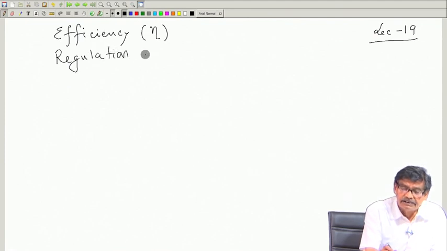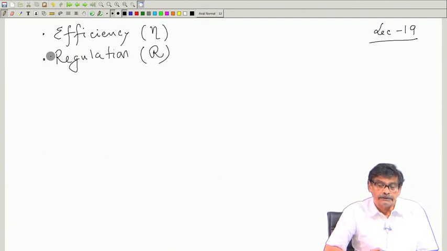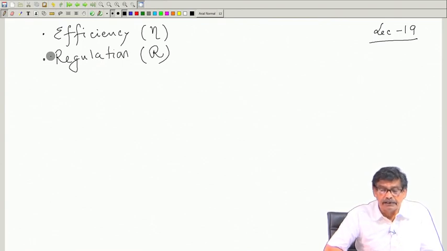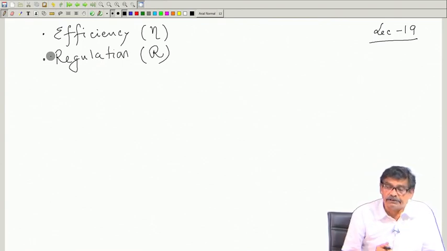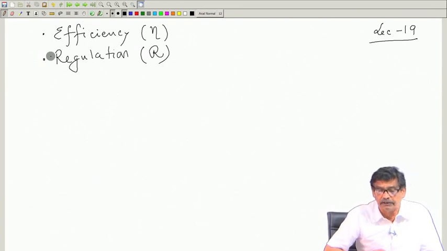These two are very important. It is usually denoted by this curly letter. These are the topics we will be discussing. Efficiency of a transformer, what do I mean by it, and another thing called regulation. And I will be talking about this in terms of the equivalent circuit of a transformer.